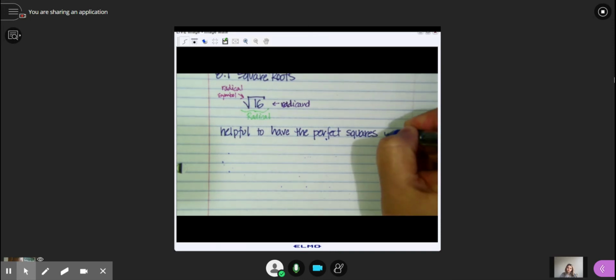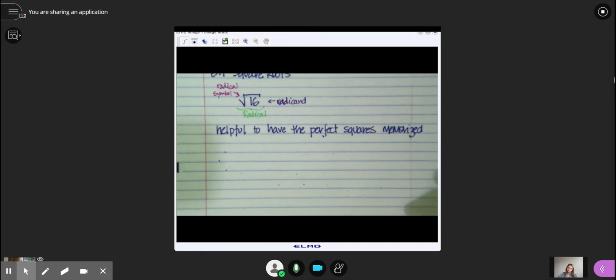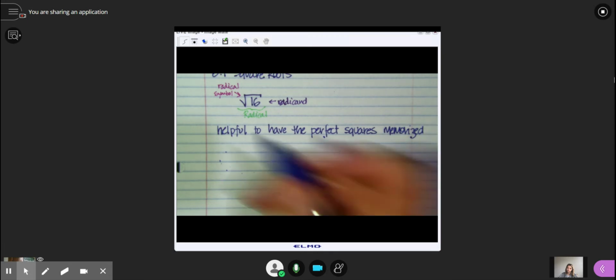I'm going to say memorize, but really, can you recognize them? I had to know them through 25 at one point in my math life. I think right around 7th or 8th grade, they made us memorize them through 25. And I found it helpful, but I do math, right?